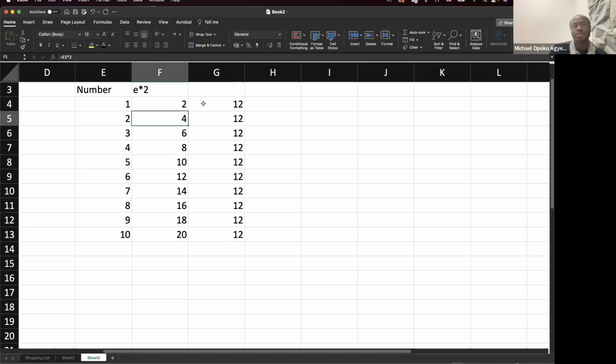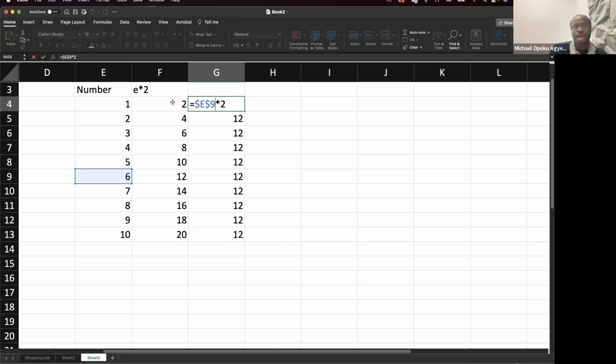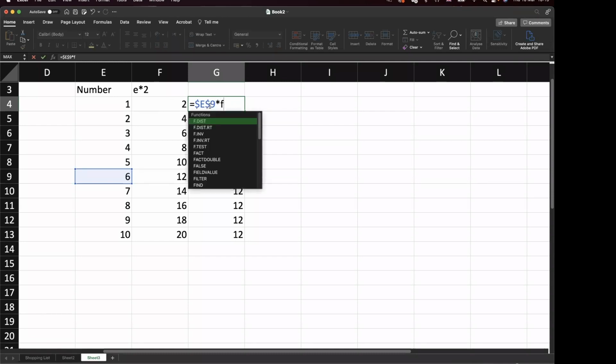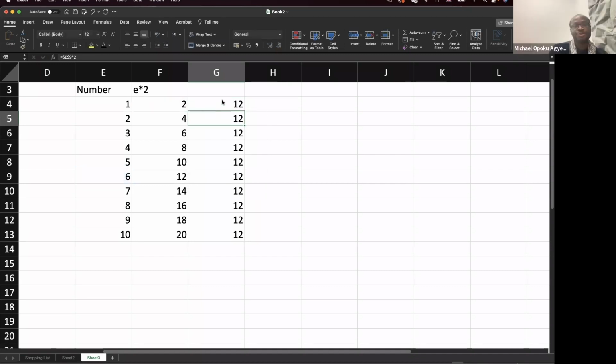So if, let's say, we want to multiply 6 by the values in F, this dollar sign E9 will still remain, then times F4, and you can do autocomplete by dragging it across.